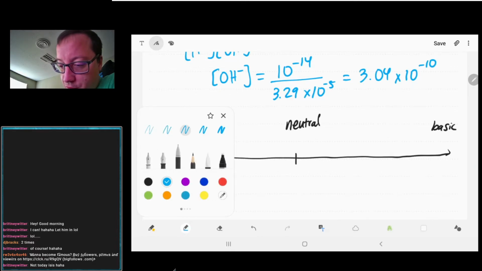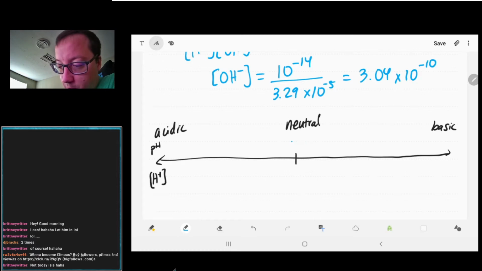So for neutral, because pure water has that concentration of 1 times 10 to the negative 7, I'm just going to write 10 to the negative 7 because I'm going to run out of room real fast. That's going to be our concentration of hydrogen in pure water. Water that has nothing in it, just by itself ionizing, the reaction with itself. We're going to see that 10 to the negative 7 would be our neutral water.